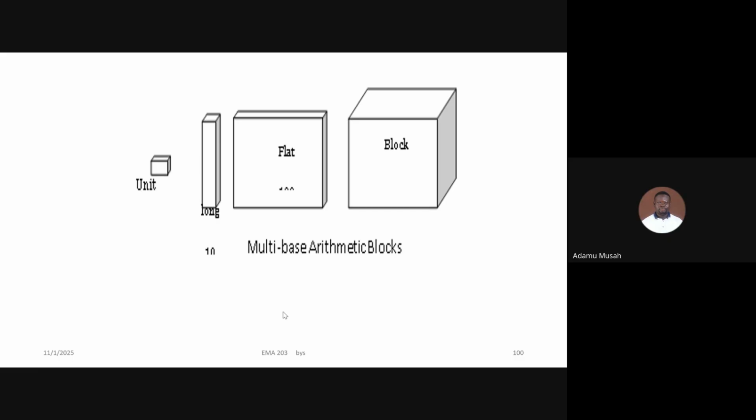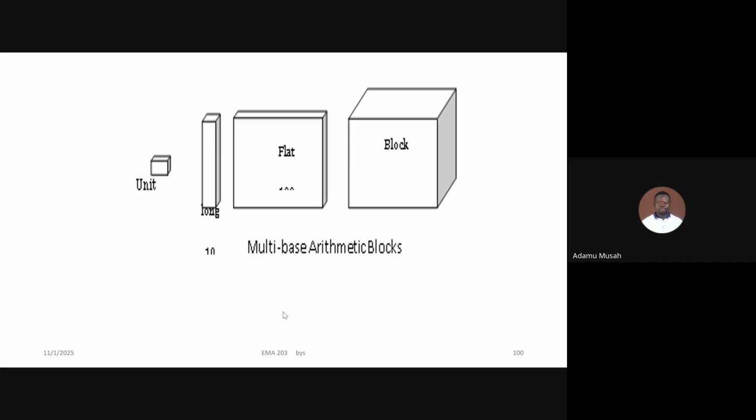So as we move from class to class, we only change the value of the unit. Let's say at JHS 1, the value of the unit is 100,000. So you ask the child, we have 10 of the units in the long, so what will be the long?